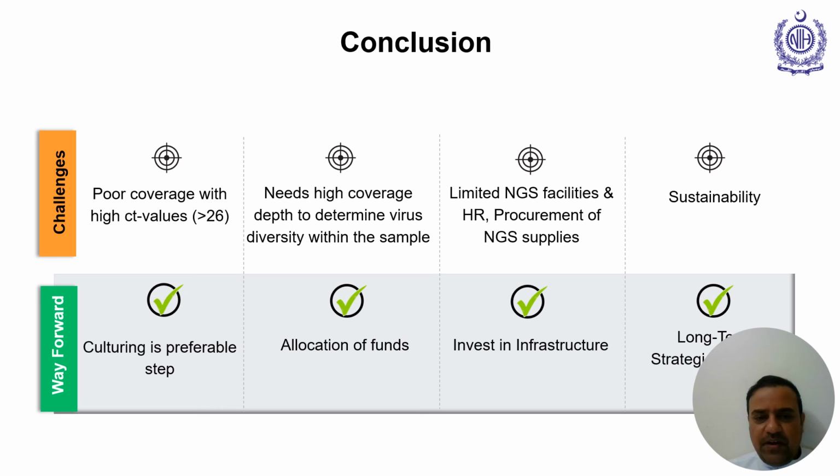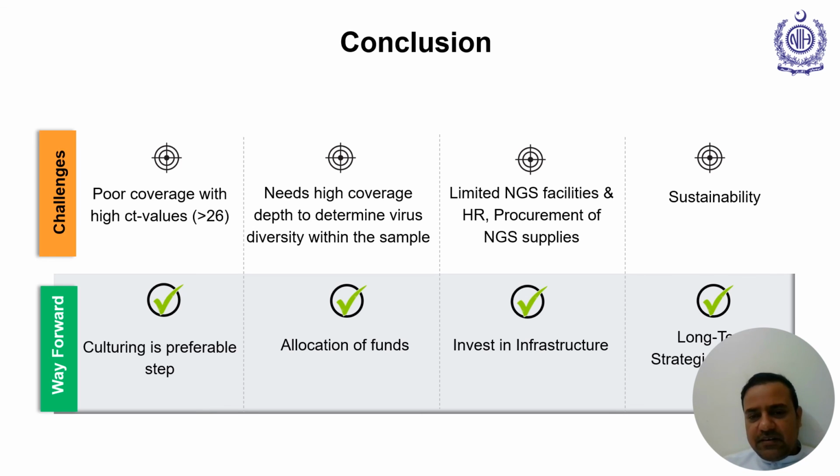The way forward, especially for samples that have a high CT value, is obviously to do culturing to increase the viral load. But again, that has some limitations of high containment, and needing resources and reagents to do culturing. Allocation of funds is very important for genomic surveillance of different diseases; funds must be dedicated for such an activity.